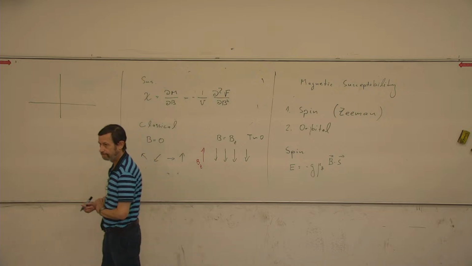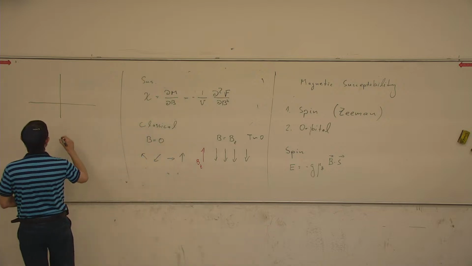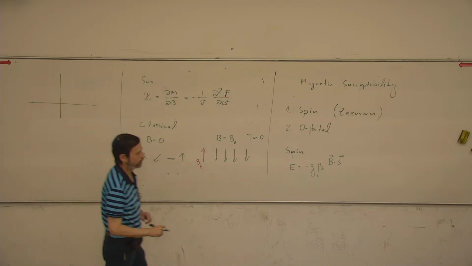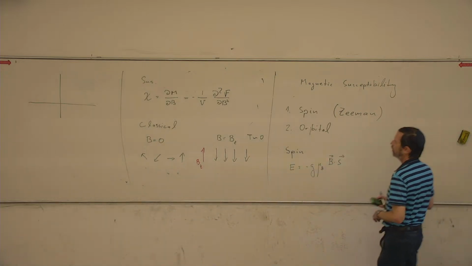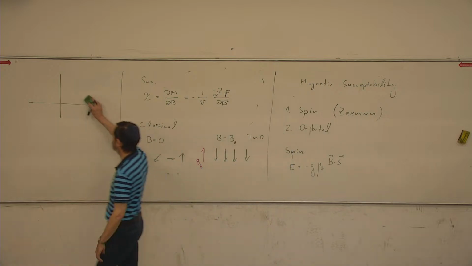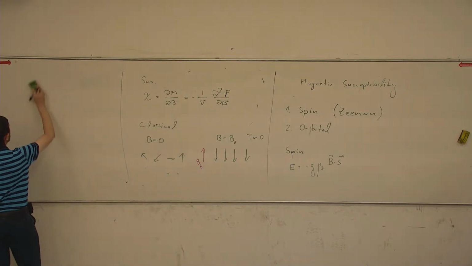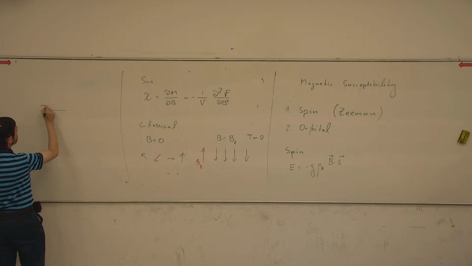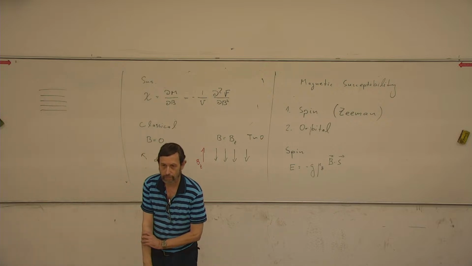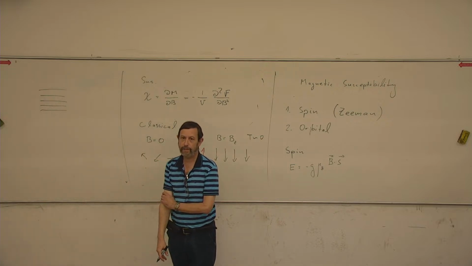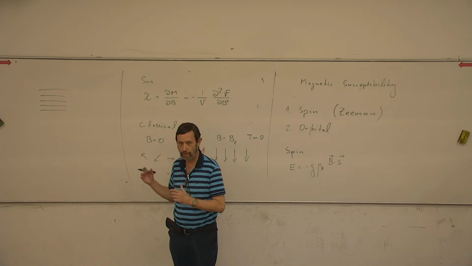Actually, I don't even care if it's one-dimensional or whatever dimensional it is. I have states. How do I fill up the states at T close to 0?